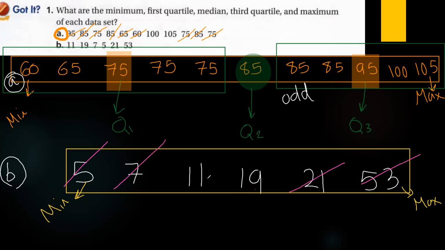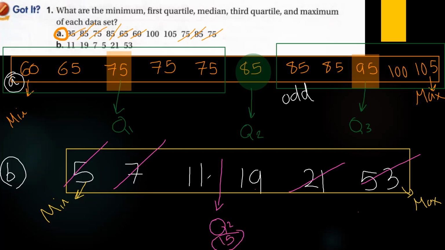Right and left. Here now we have 2 numbers. Which number is in the middle? 11 and 19? No, 11 is not in the middle and 19 is not in the middle. So I will add them to each other and divide by 2 in order to find the number that's in the middle, which was 15.